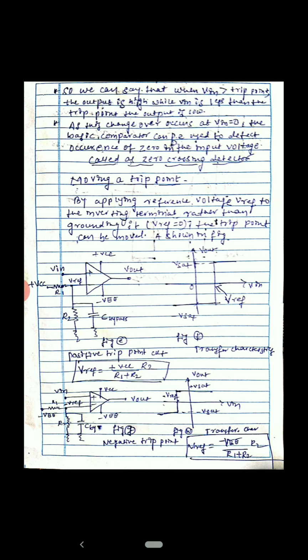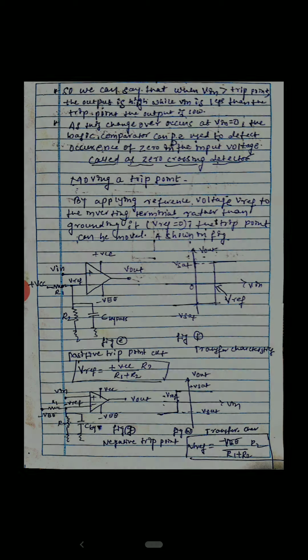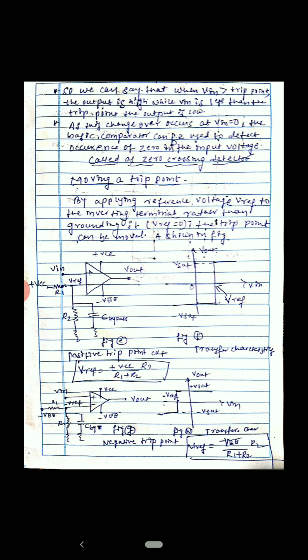So imagine your V reference voltage is equal to 0 volt. That means you have grounded the other terminal of the op amp to 0. Once your input becomes a little bit positive, it gets plus V saturation.